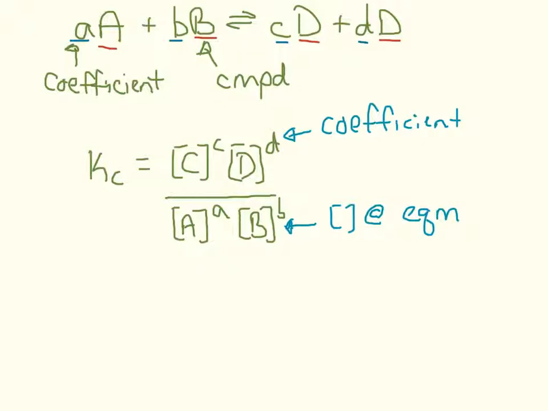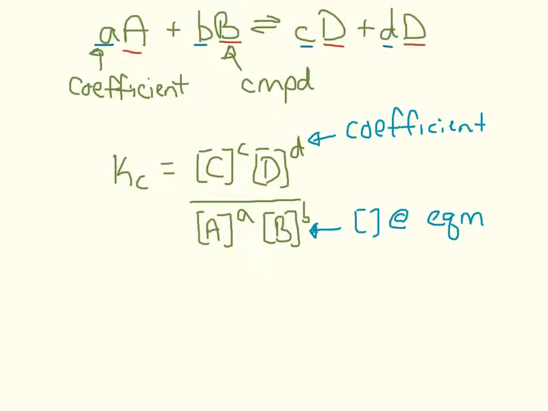Everything we need is in the stoichiometric equation. What we have to keep in mind is everything in a reaction is based off ratios. Therefore, if we're looking at concentrations in equilibrium, we are looking at the ratios. How do we determine the equilibrium expression? We have Kc equal to C to the exponent of the coefficient for C, and D to the coefficient of D. These are our products.